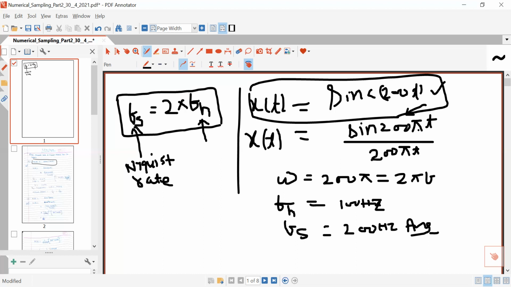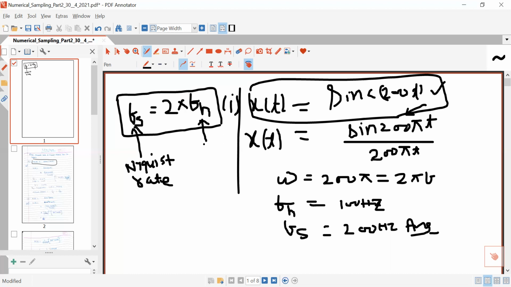The sampling frequency can be greater than 200 Hertz, but it cannot be less, otherwise reconstruction is not possible. So this is the concept of the sampling theorem. It basically provides you the minimum sampling frequency; below this frequency, you should avoid sampling.